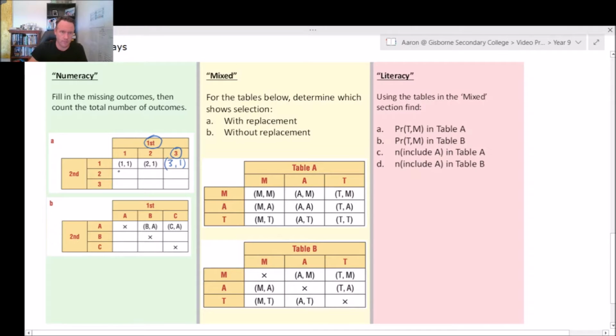Same here, we would have a 1 and a 2, a 2 and a 2, and a 3 and a 2. And lastly, we have a 1 and a 3, a 2 and a 3, sorry, and a 3 and a 3.